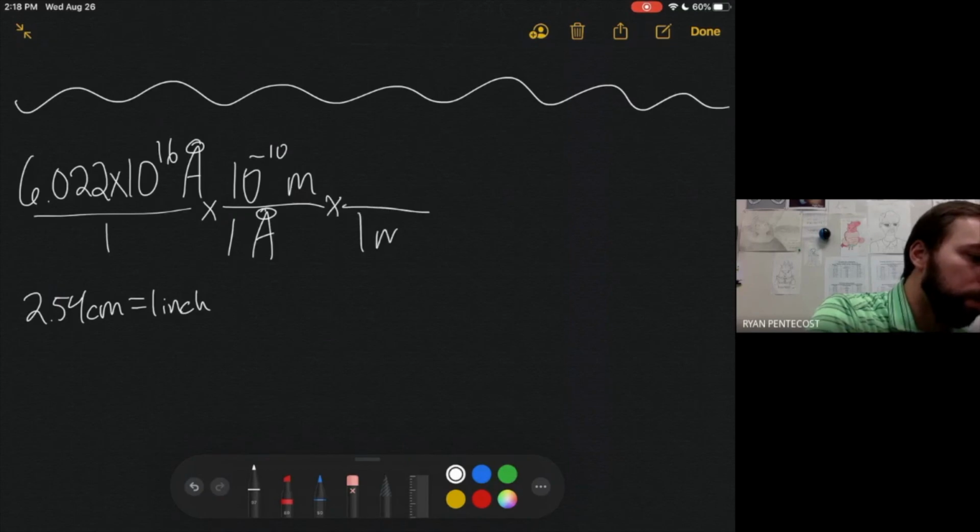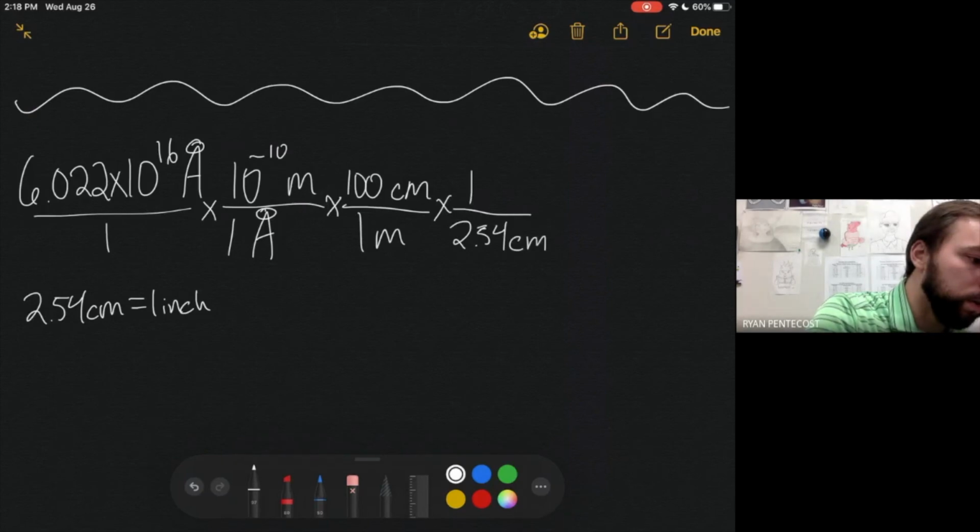1 meter is 100 centimeters. And then 2.54 centimeters is 1 inch. Then 12 inches to 1 foot.